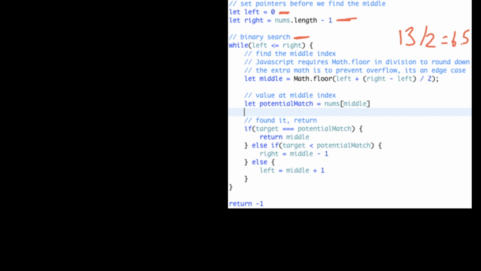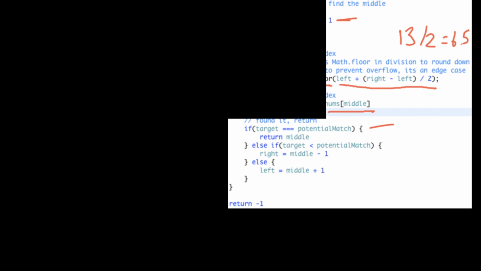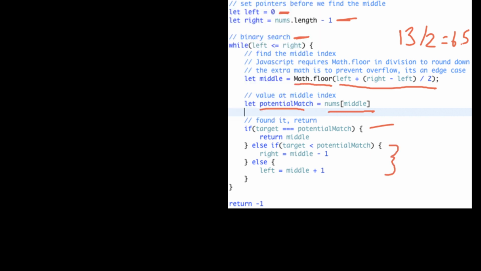That's not what you want. You want to round it or floor it. And this is the part we talked about earlier where you're preventing overflow, right? Then you find the potential match, which is in the middle. If you find it, you return. If not, you shift left or right.